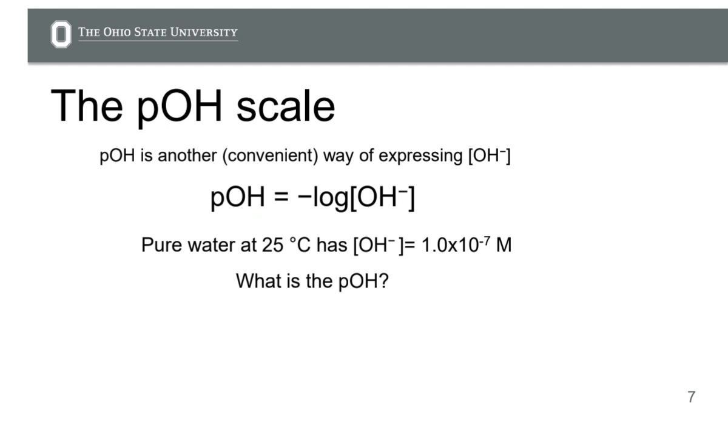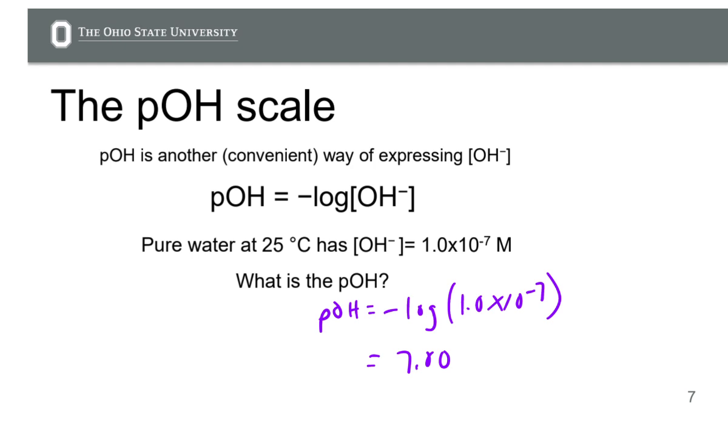We use the pH scale most typically, but we can take the minus the log of anything and put a small p in front of it, and we call it whatever. Okay, so here we have pOH. We're going to do this a couple more times with different letters. So pOH is essentially minus the log of the OH minus concentration. And so at 25 degrees Celsius, pOH equals minus the log of 1 times 10 to the minus 7, which is 7.00.